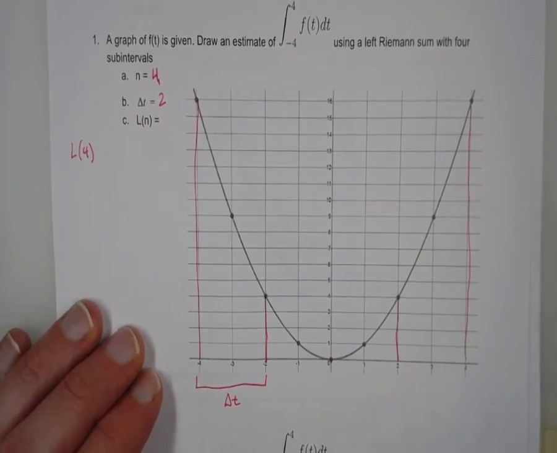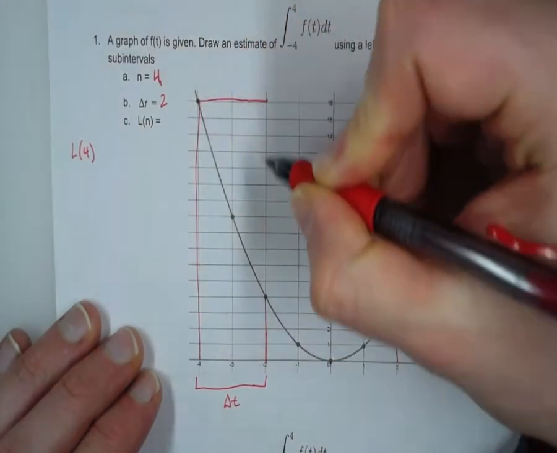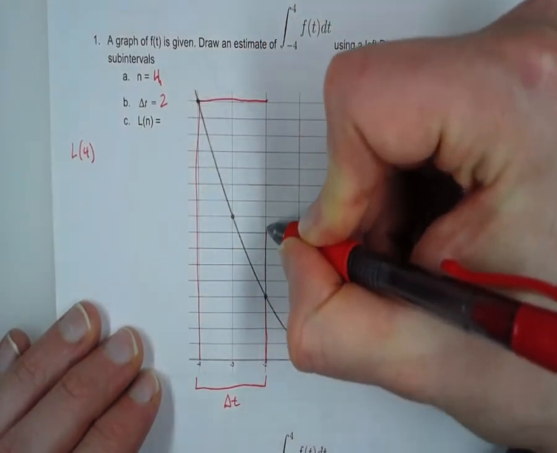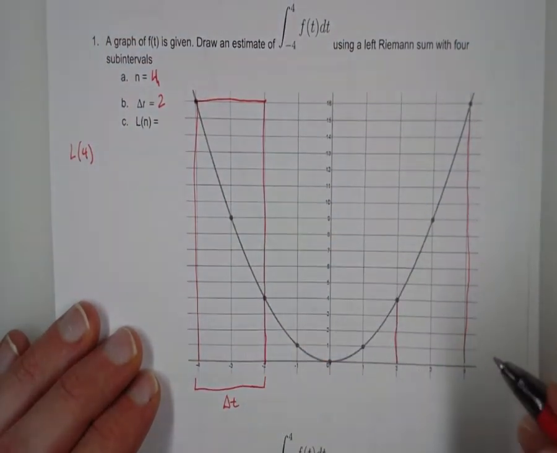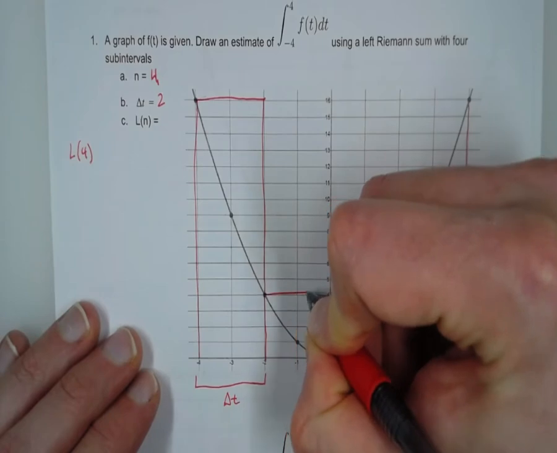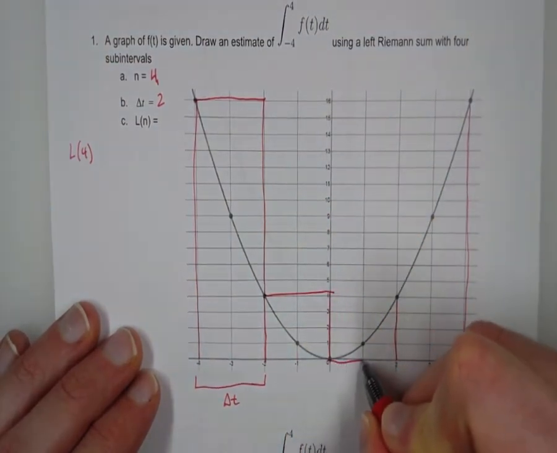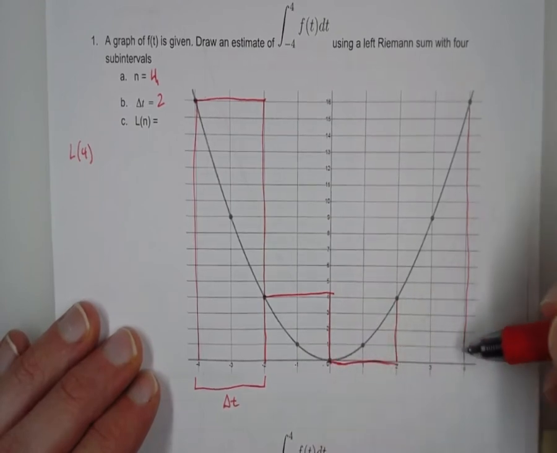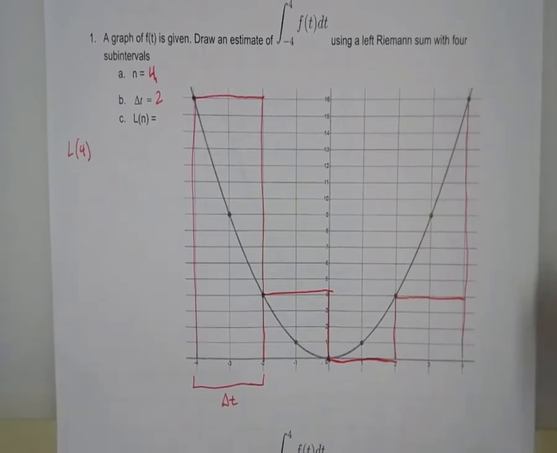And when we use a left Riemann sum, we use the left-hand side of the interval to be the height for that whole interval. So from -4 to -2, the rectangle looks like that. From -2 to 0, the rectangle looks like that. From 0 to 2, on the left it's 0, so that's not going to have any height. And then from 2 to 4, this has a height of 4.